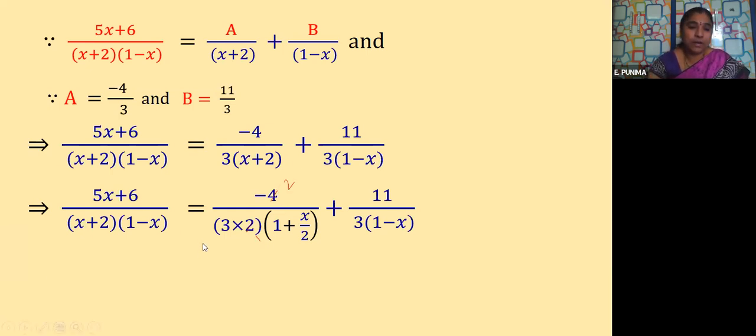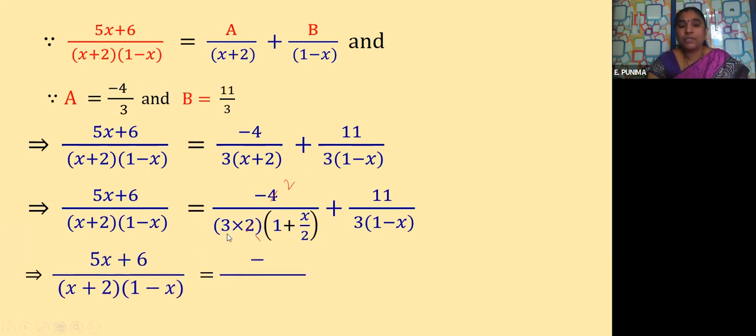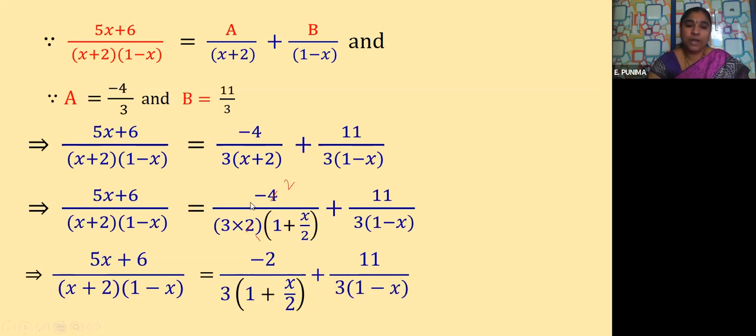So what is our next equation? 5x plus 6 by x plus 2 into 1 minus x is equal to minus 2 by 3 into 1 plus x by 2 plus 11 by 3 into 1 minus x. Okay. Now this is our equation what we get.